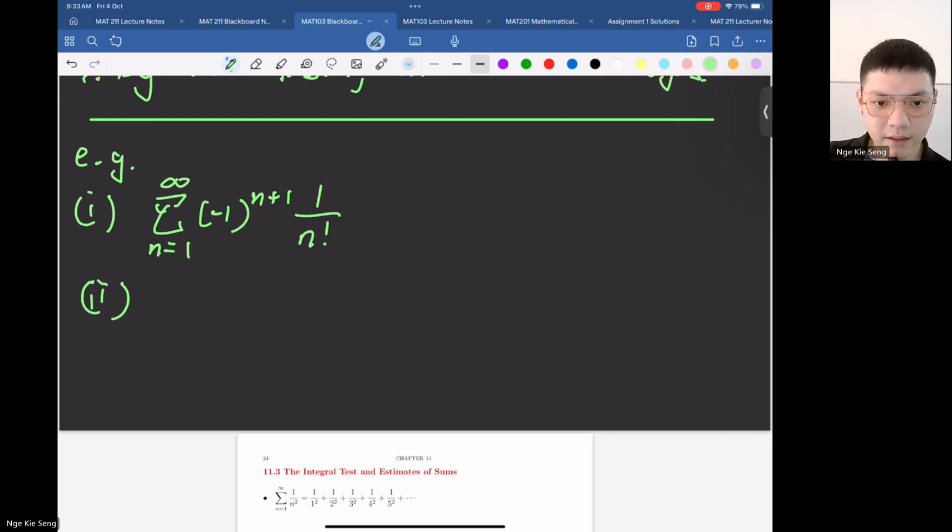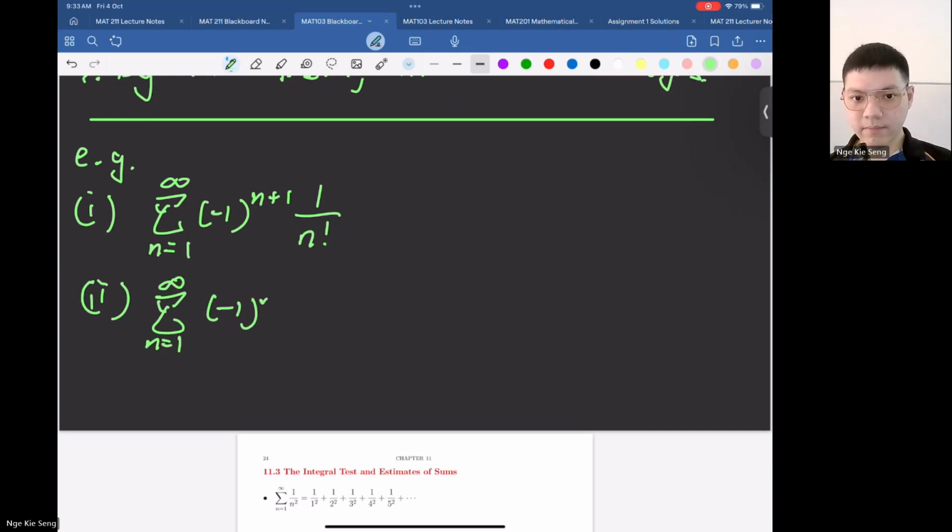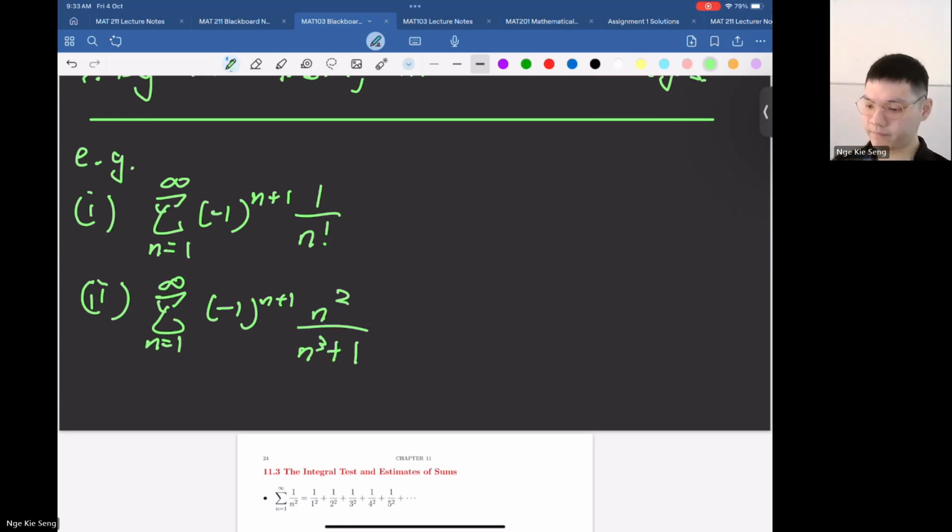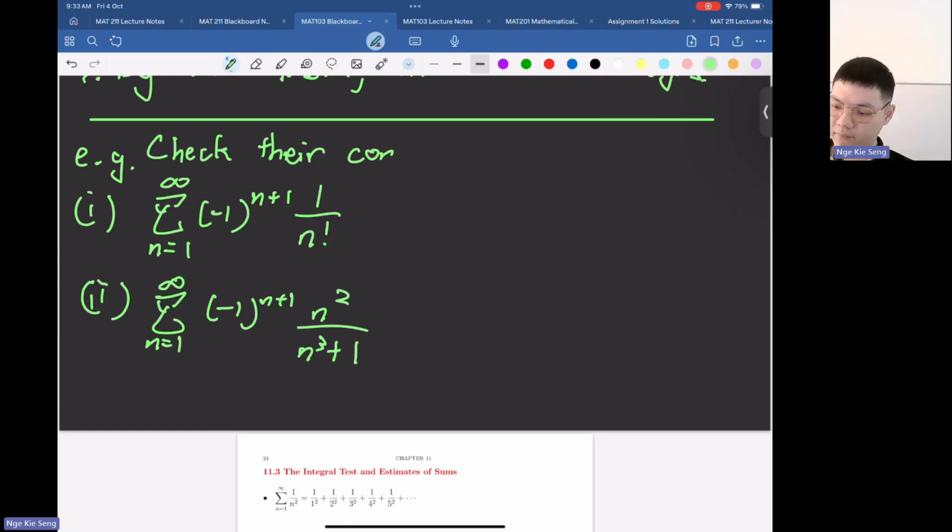Okay, and then the other one is this. Okay, so check their convergence. Check whether they converge.